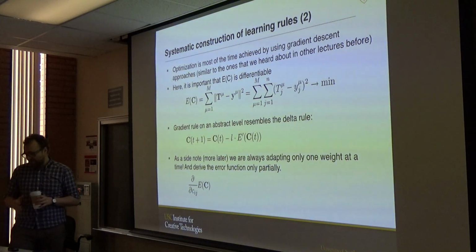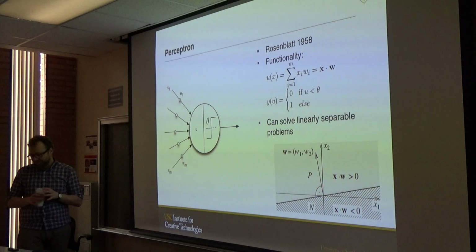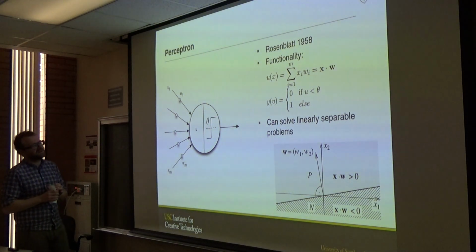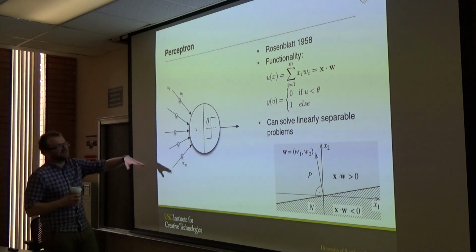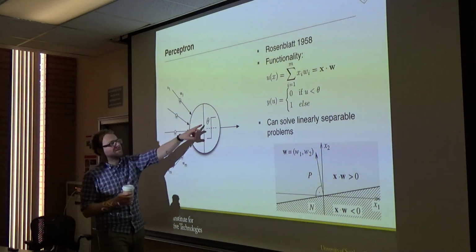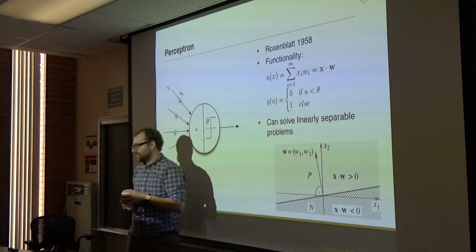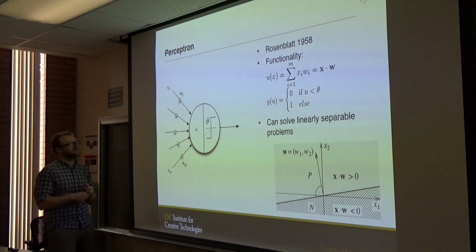But before we go there, I'd like to show one typical neuron that is a bit different from the linear or the simple threshold neuron that we talked about. It has this theta function here, but basically this was one of the first neurons that was simulated.